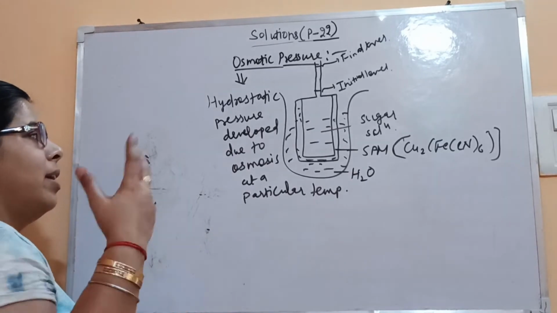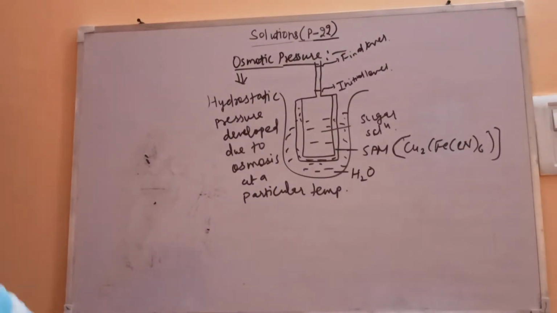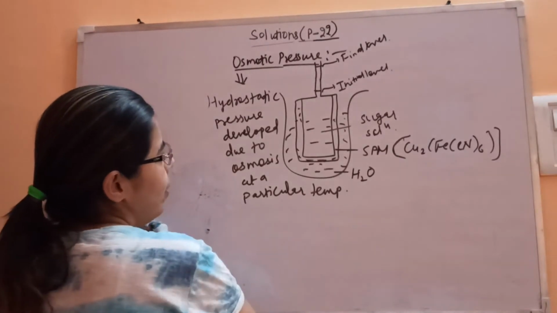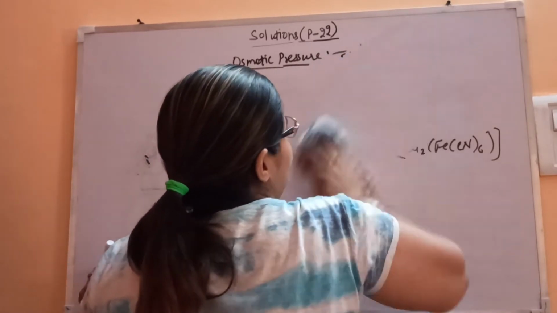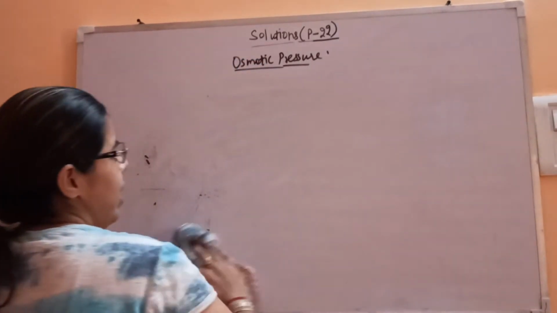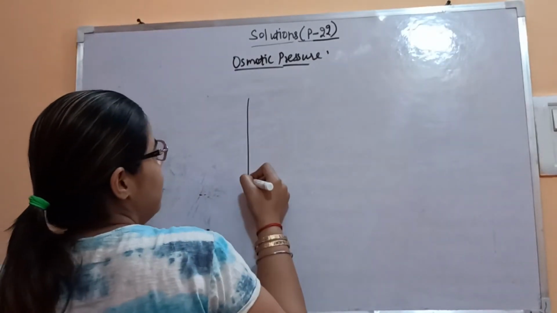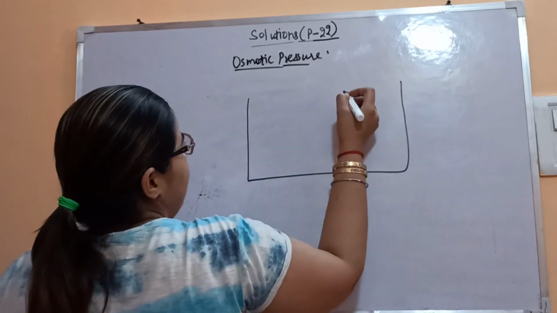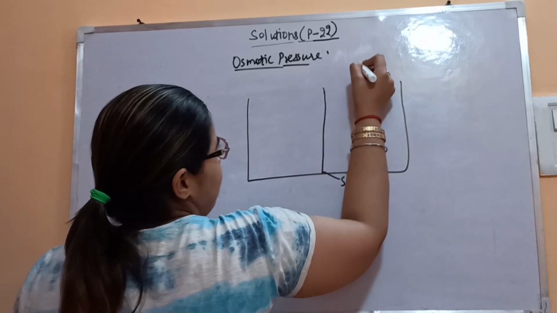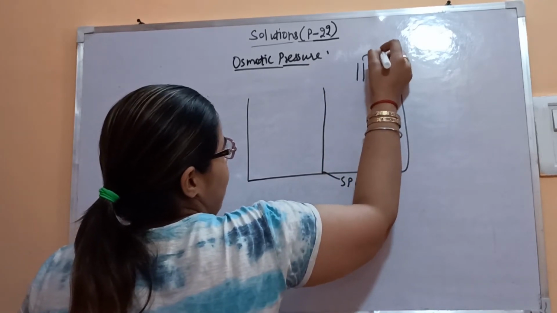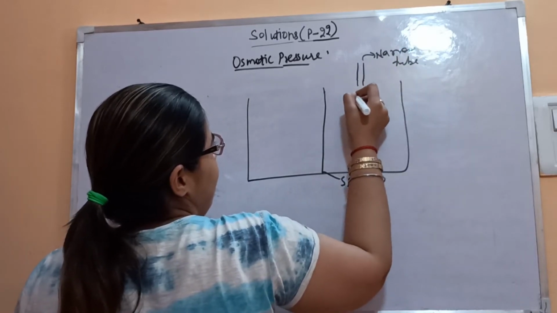Now let's take another way, an alternative definition, between the solution and the solvent. Let's take two compartments separated by SPM. Here it is fixed with one narrow tube, attached in the solvent compartment.